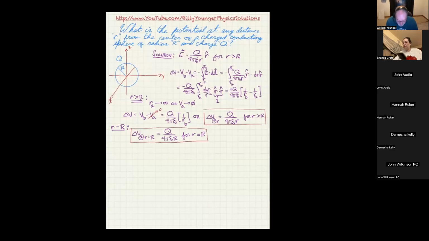I just wanted to make sure everybody was on the same page. So what we're considering by calling it delta V is, again, we're comparing it relative to infinitely far away.